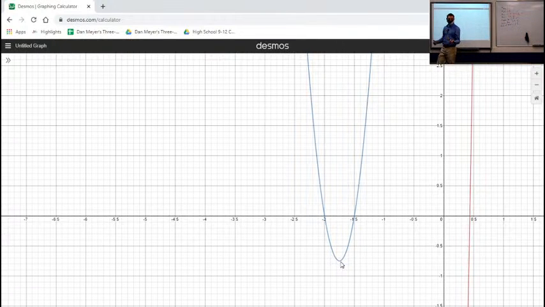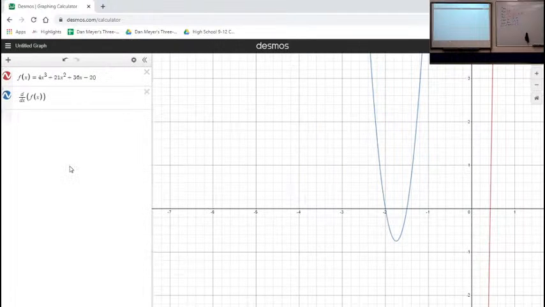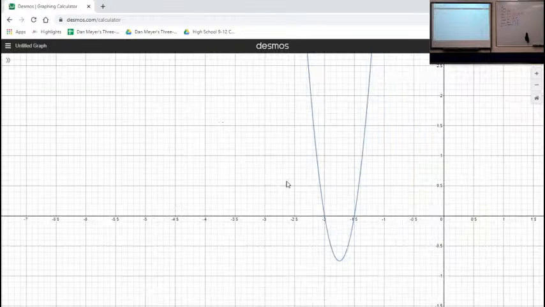Now, eventually, and this is something we'll practice over the next couple days as well, and you'll get some practice problems on, is that I could take this away and just give you this derivative and ask you questions about the function.